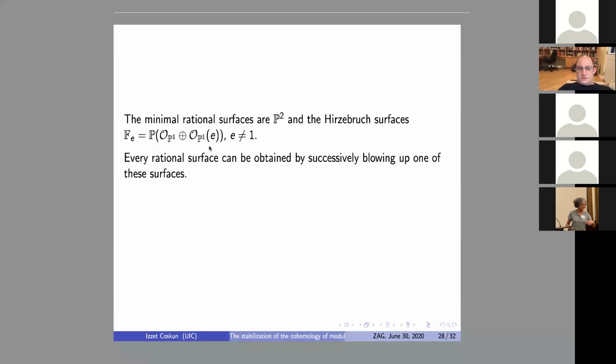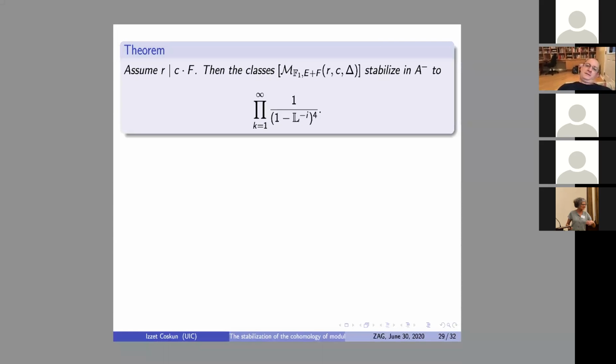So every rational surface can be obtained by successively blowing up one of these surfaces, right? So what you do is you first have to understand the moduli spaces on F1. So that's the blow up of P2 at a point. And then the theorem there is that it holds. So this is really the hardest part of the computation, so you have to do it.